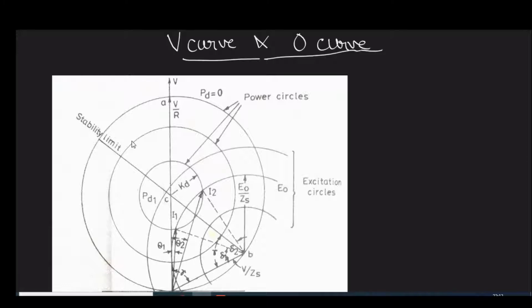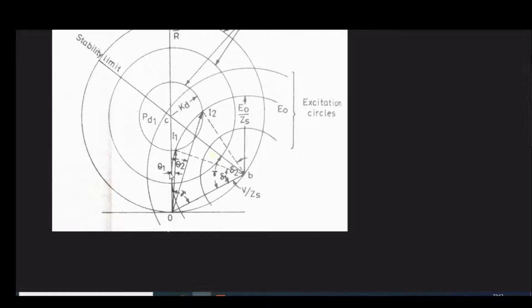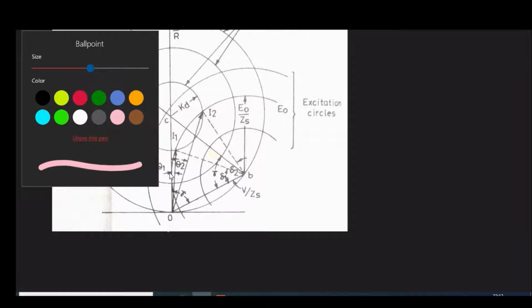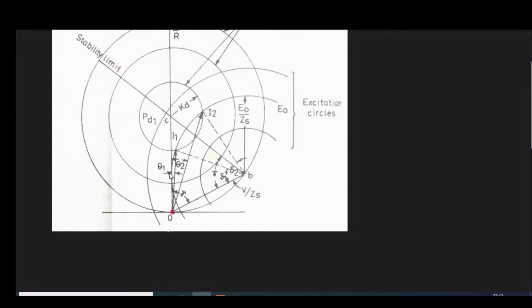We start from the power equation, and then we take a point O on this horizontal axis, and we draw a vertical line, the length of that line being V by 2R, at 90 degrees with respect to this line.